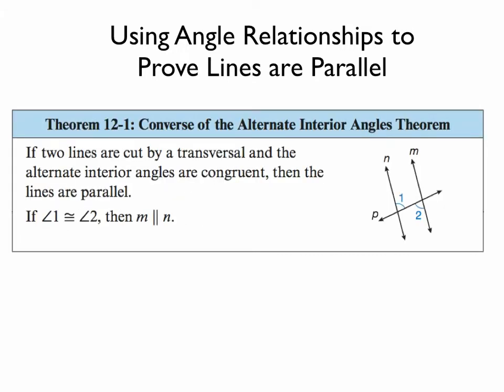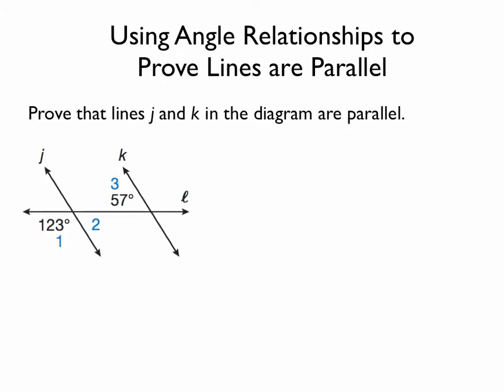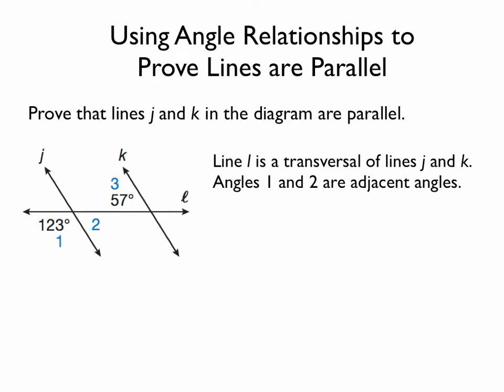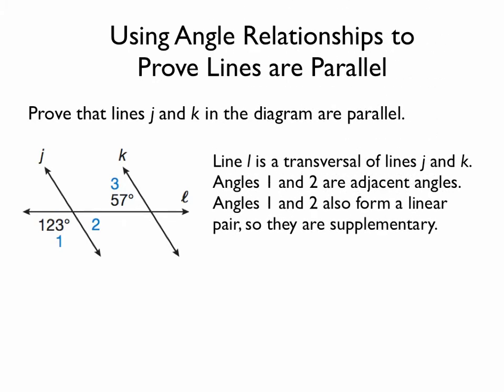Okay, here's our converse of the alternate interior angles theorem. If in a diagram a pair of alternate interior angles are congruent, then the lines are parallel. So we'll apply this. We're to prove in this diagram that J and K, those two lines, are parallel. Notice that line L is a transversal. Angles 1 and 2 are adjacent angles.